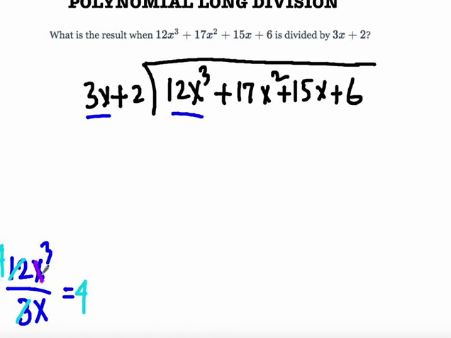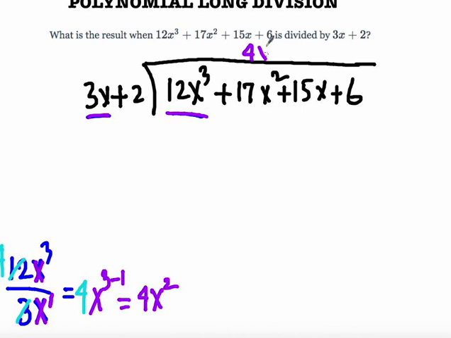We have the same base in both cases, and we are dividing one by the other. So keep the base as x and subtract the exponents. We take 3, which is on top, and subtract the exponent from this x, which is 1. So it's 3 take away 1. Our final answer would be positive 4x, and 3 take away 1 is 2.